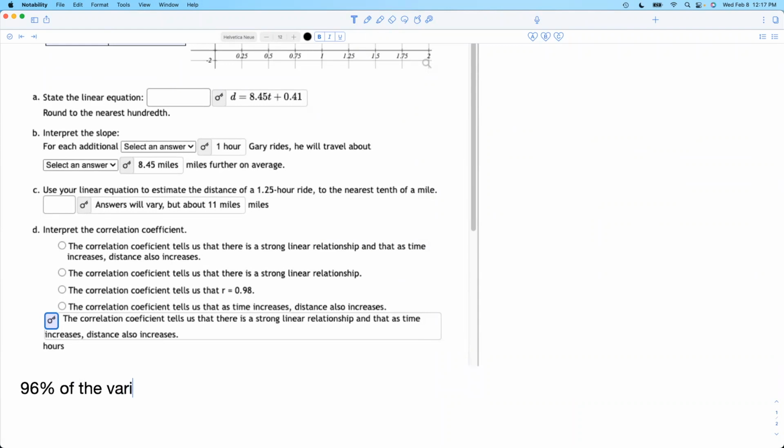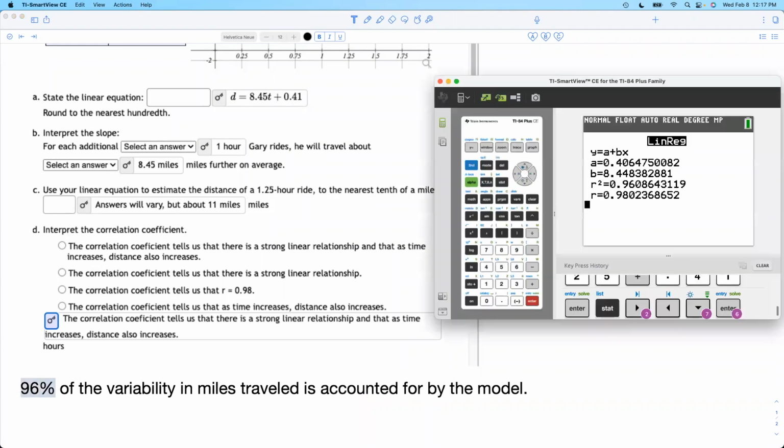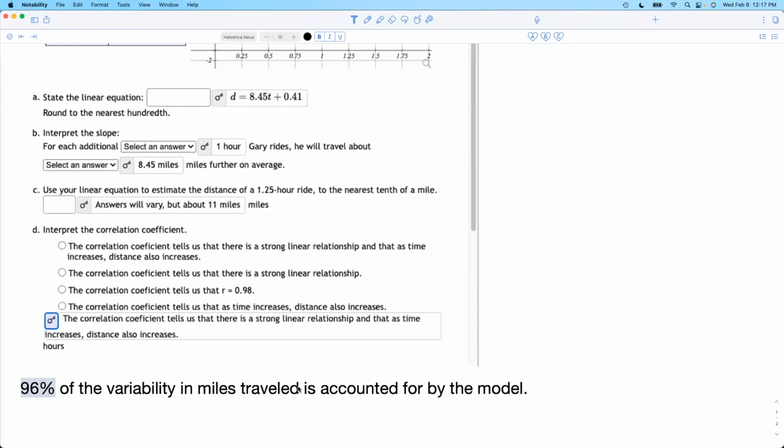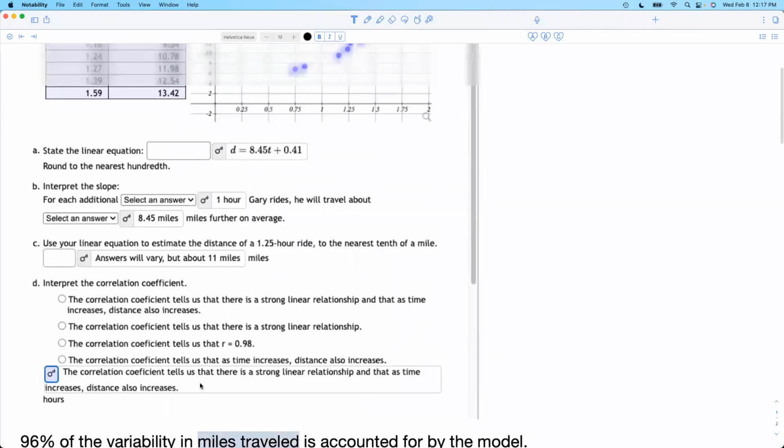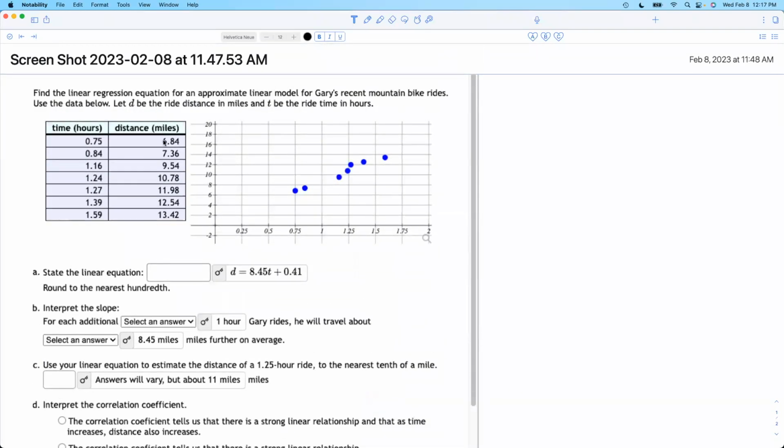The variability in the miles traveled is accounted for by the model. It's always the same sentence. The only things you have to fill in are this number right here, which you just turn into a percentage, and then these words right here are whatever units you have for Y.